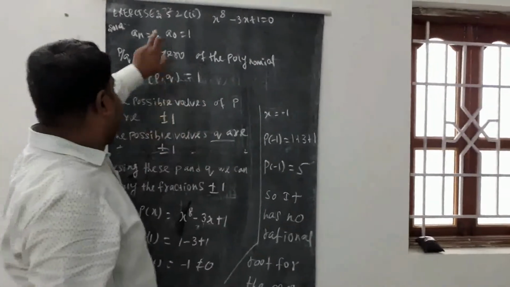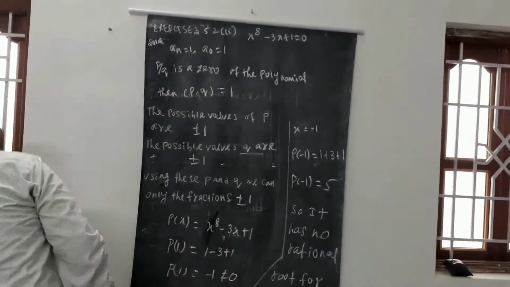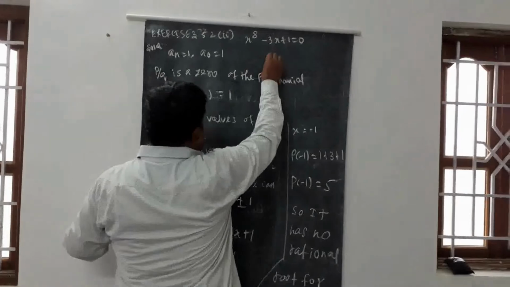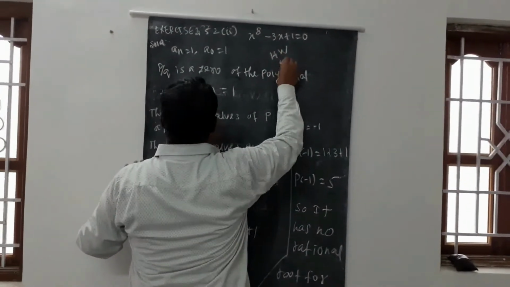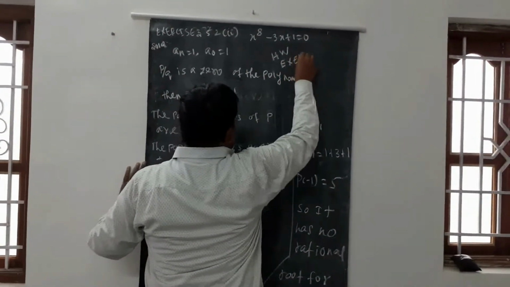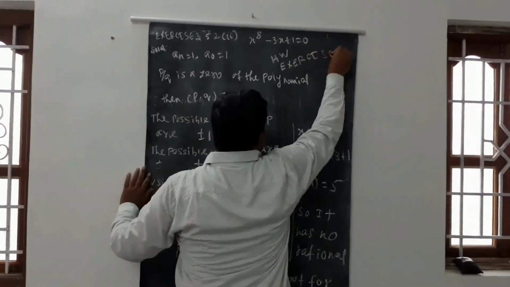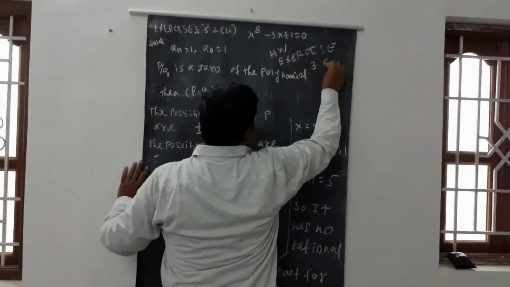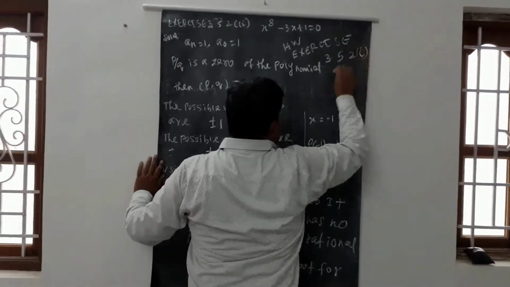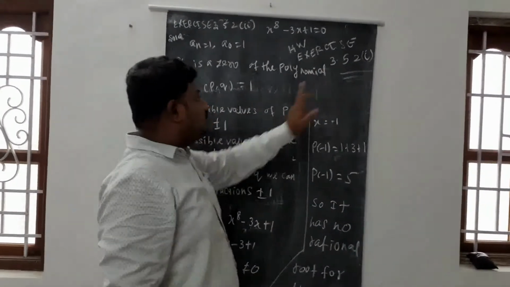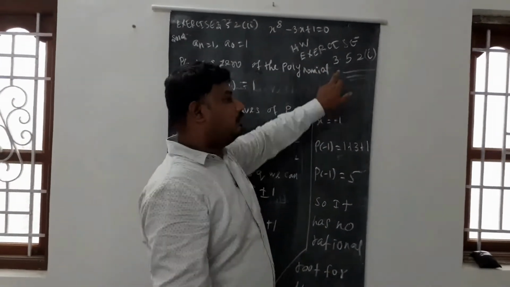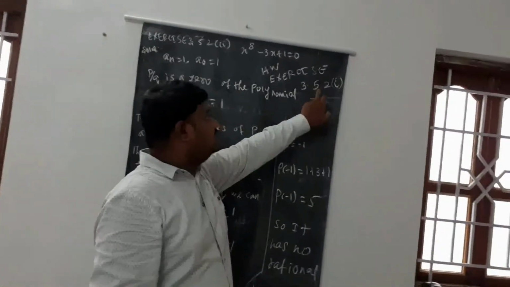Here is our homework, exercise 3.5, the first one. This problem also asks to examine the rational root.